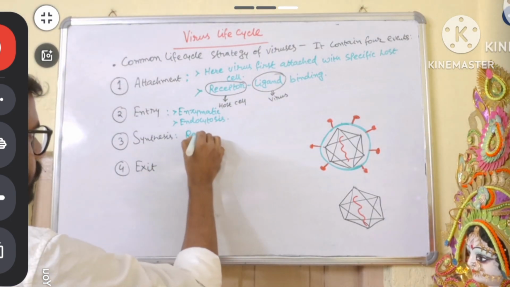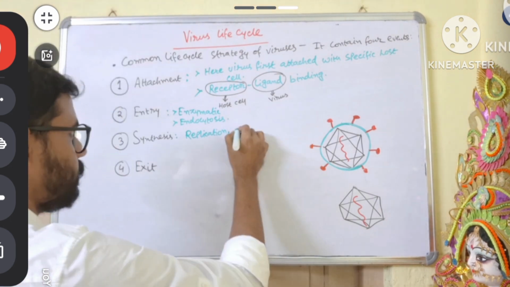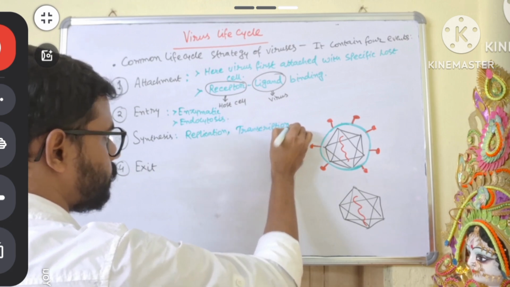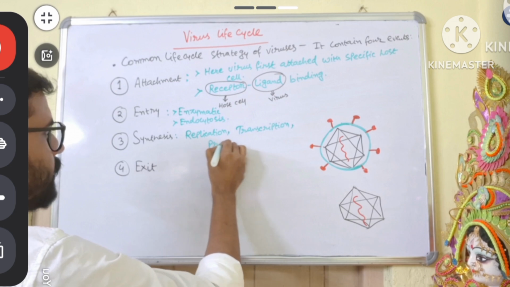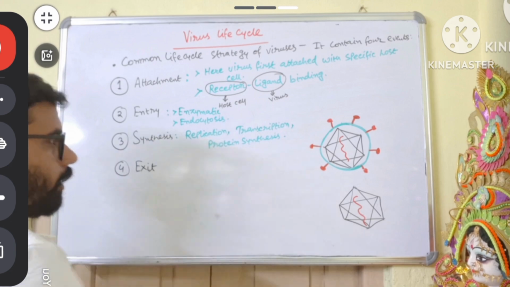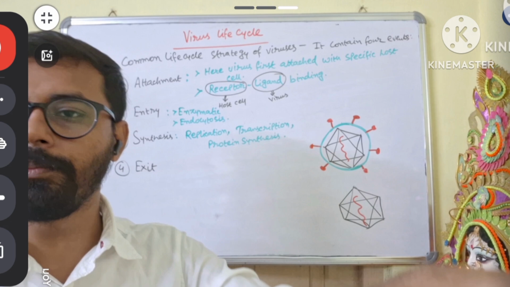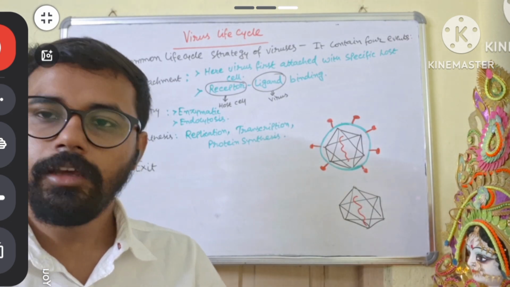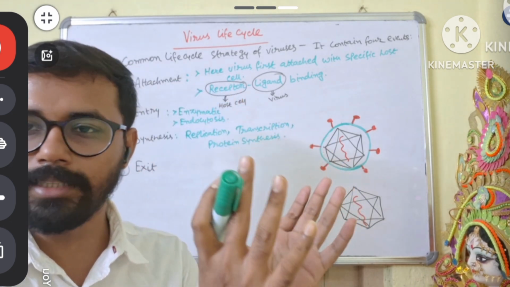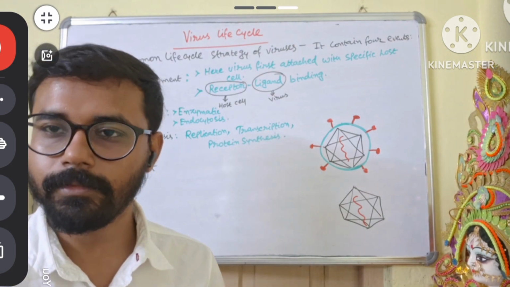So here DNA replication, transcription of DNA, and protein synthesis occur. Which type of protein synthesis is it, host protein or the virus's own protein? The virus's own protein. These proteins, the capsomers, are organized inside the host cell and make the proper virion structure, the proper virus structure. Clear?